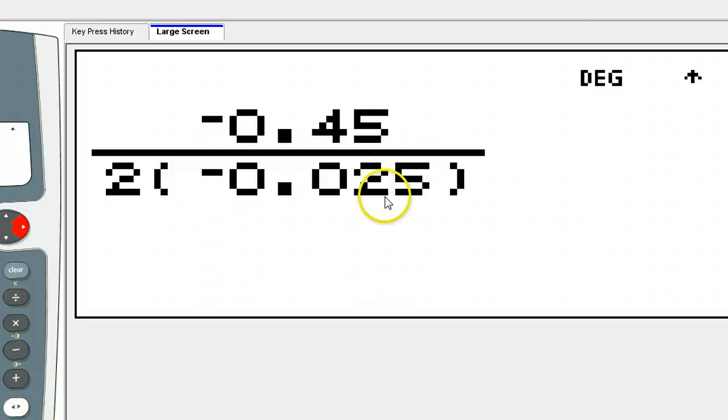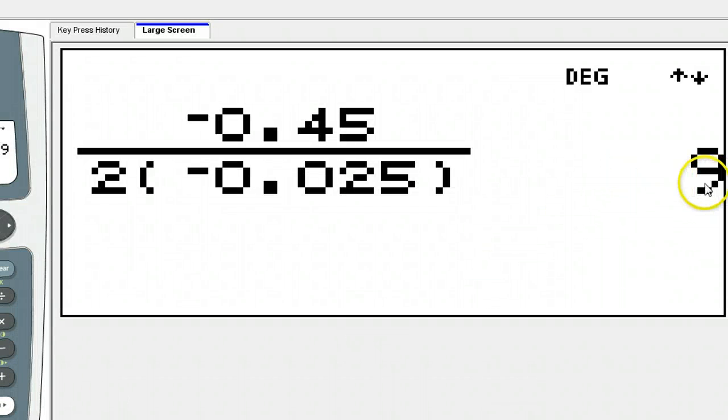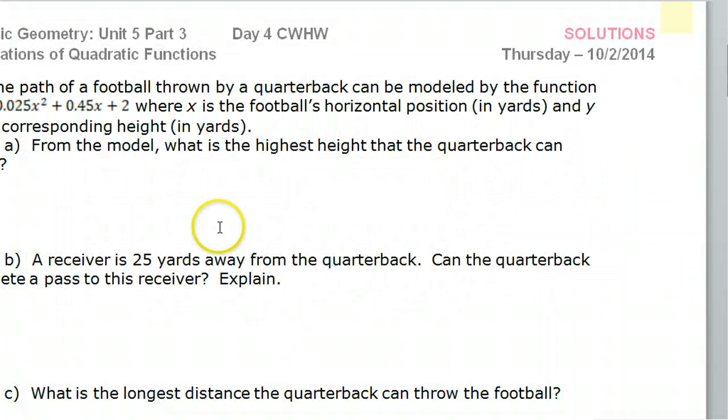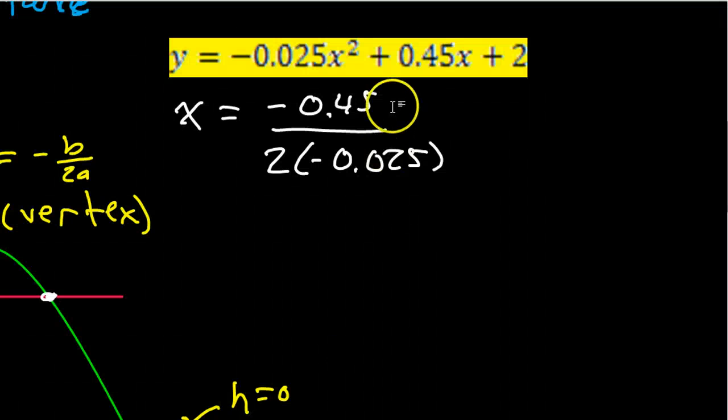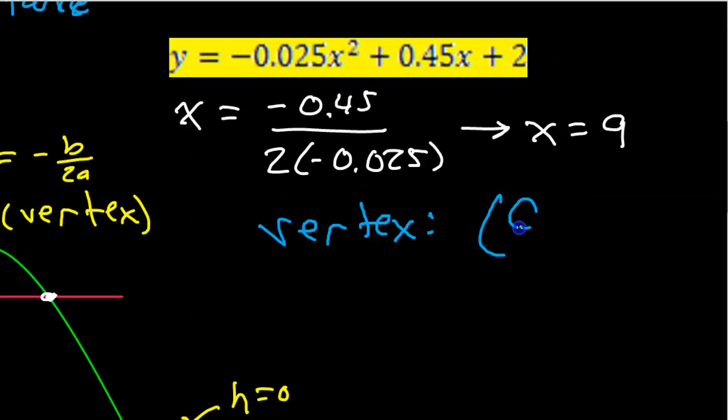Alright, so you could type that in just like this. So we get 9. Okay, so this is going to be 9. Alright, so as far as the vertex, that means so far we know that the vertex is 9 comma something.